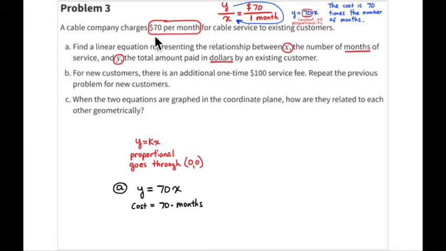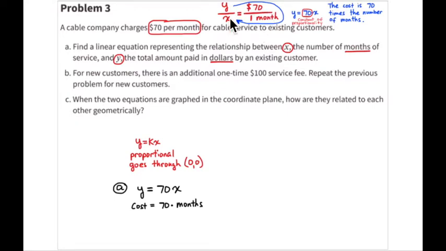And what's the relationship? Is it money per months or is it months per money? Either one will work, but the way that they're giving it to you is it's money per month, $70 per month. So that is y over x. So y is the amount of money and x is the number of months.